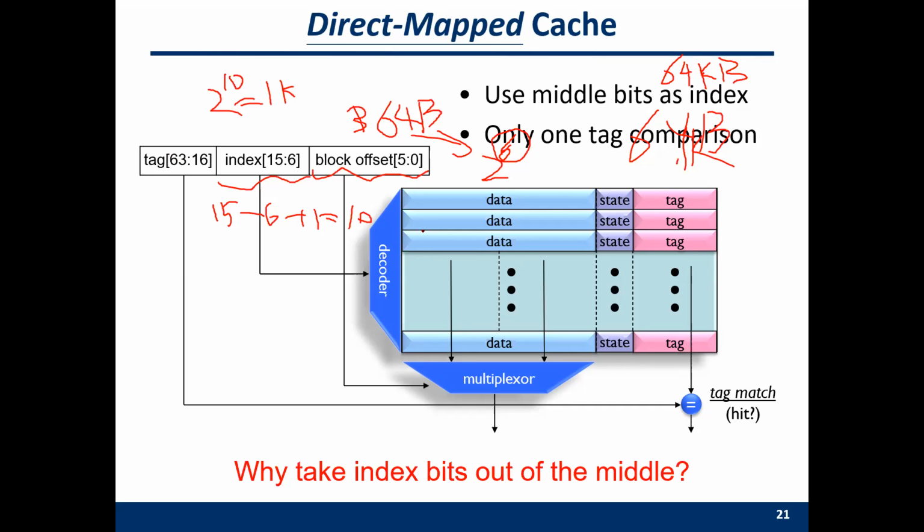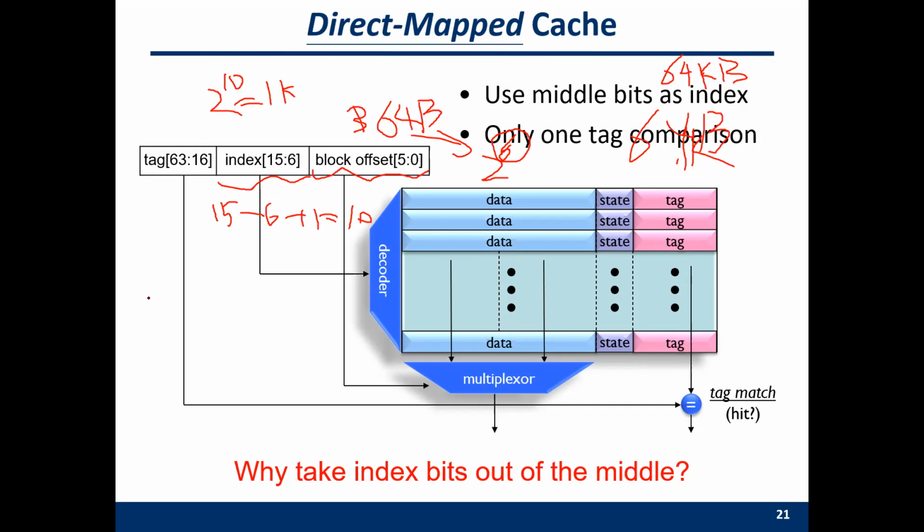And for the direct mapped cache, how can we look up the cache? How can we access this cache? Yes, this is a very good question. Why do we select the index bits here?